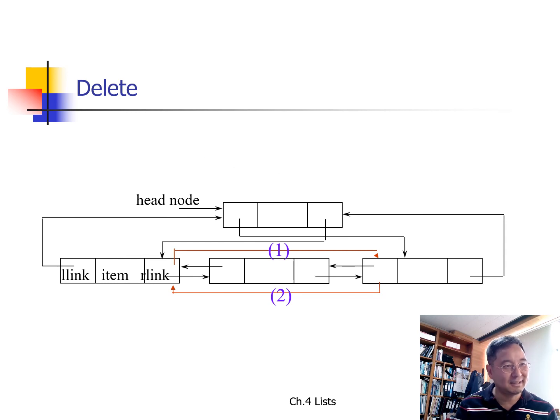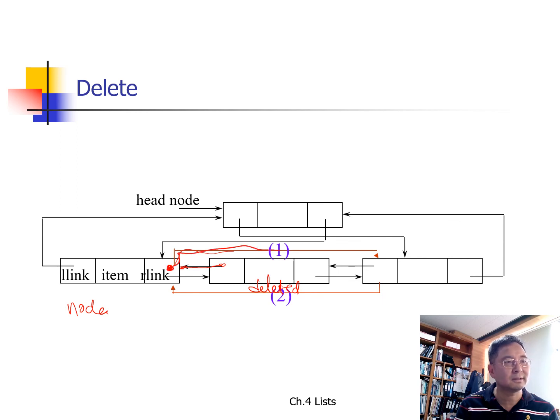Now this shows that this is a node. This is a deleted one. Okay, so original deleted L link and R link becomes this one.